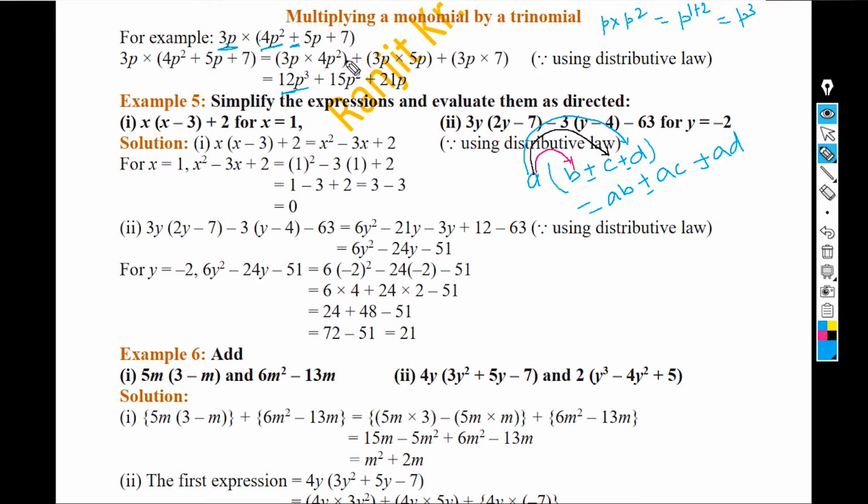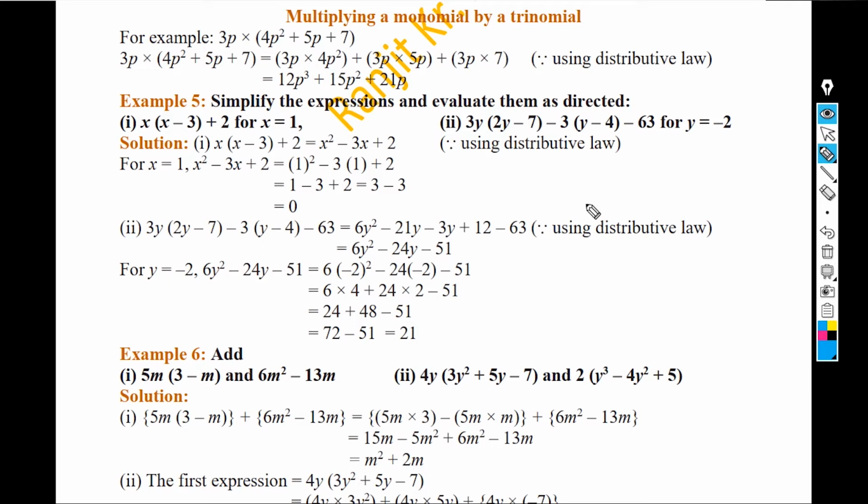In between there is plus sign, put plus sign, then 3 fives are 15, p into p is p square, and 3 sevens are 21, and p. This is the result. Now this is the time to solve few sums, few applications.